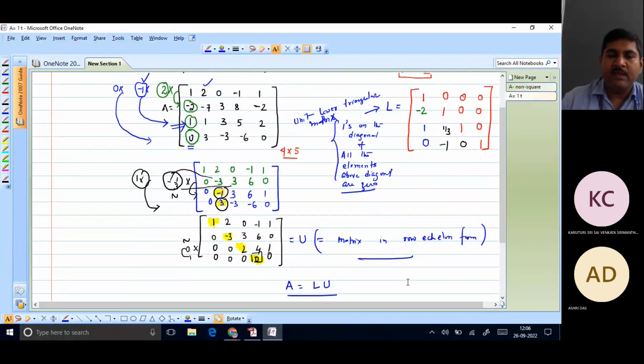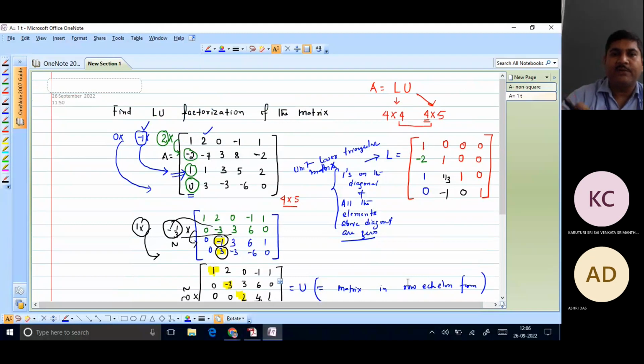So see, I am just explaining once more, what are the things which should be taken care of. First of all, when your matrix is non-square, in that case you have to take U as the matrix in row echelon form.